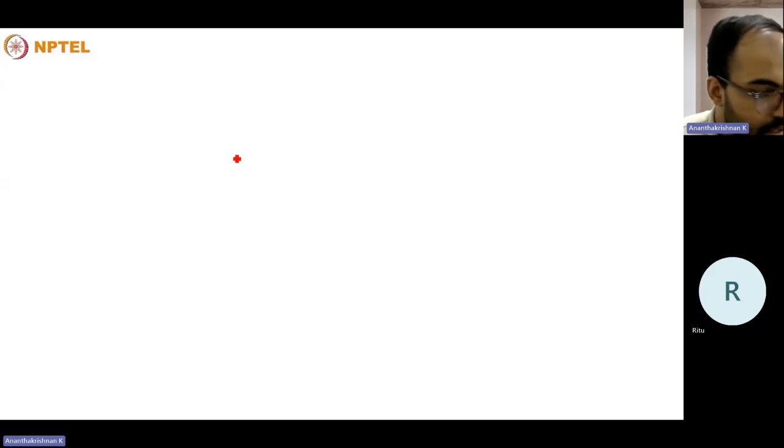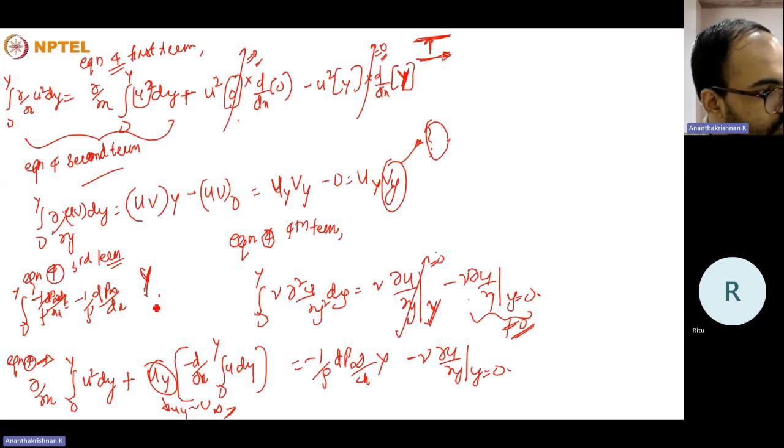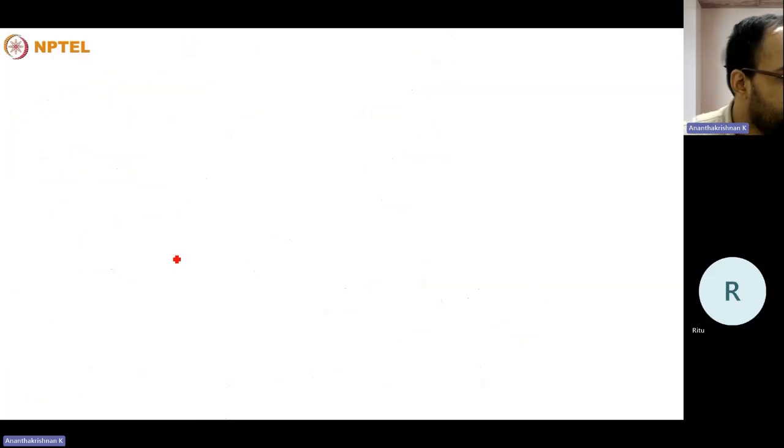So what we could do is a manipulation. What we need is to put this u infinity inside this d by dx so that those two terms can be clubbed together. The first and second terms can be clubbed together, but it's not straightforward. So what we do is take the derivative dy dx of u infinity u integral of 0 to y du y.